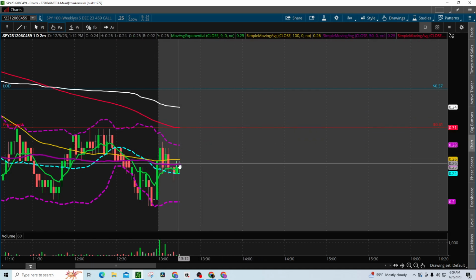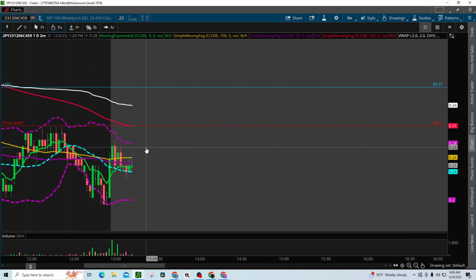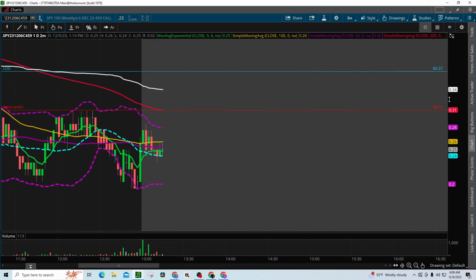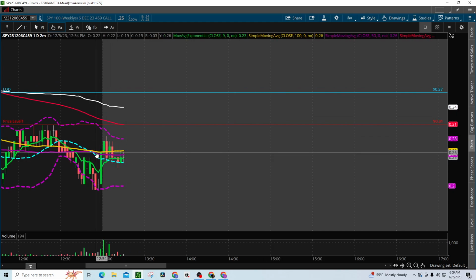You really don't want to buy puts to short it until the 2-minute mid then begins to start coming back down. Then we can buy puts. But in the beginning, I'm going to be more long biased. I want to buy calls if I wanted to trade early, unless it's the 7 o'clock reversal.